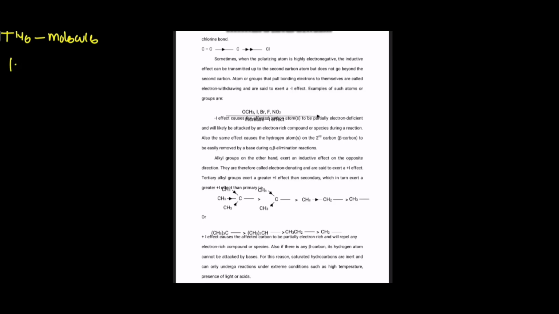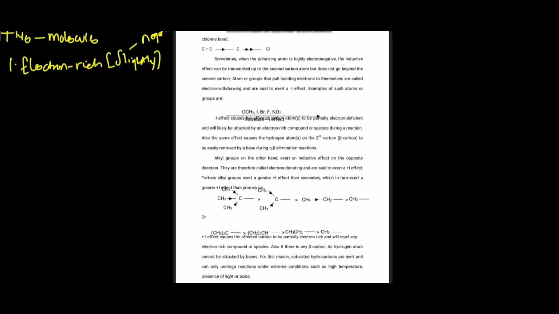Number one, it makes carbon become electron rich. The negative makes carbon electron deficient, but the positive makes carbon electron rich, that is slightly negative, while the negative makes carbon slightly positive.